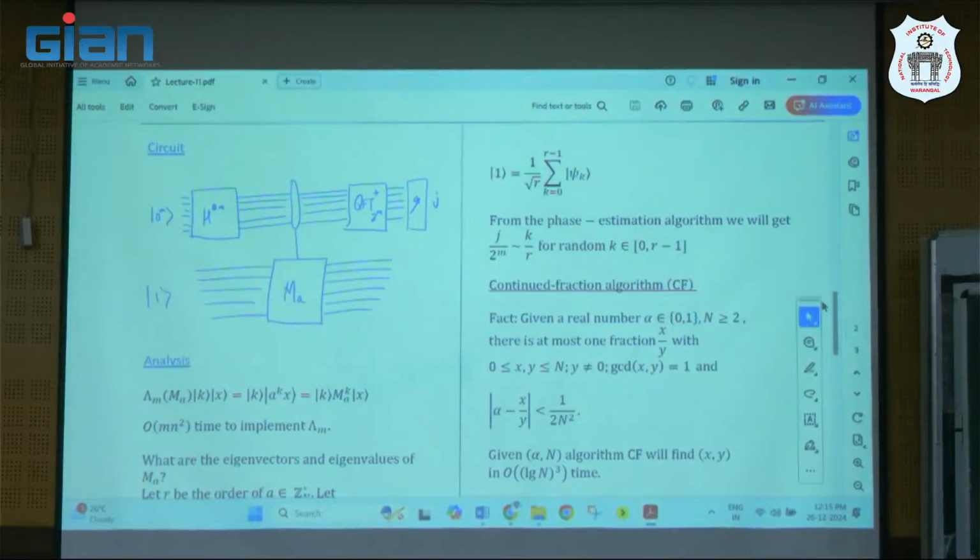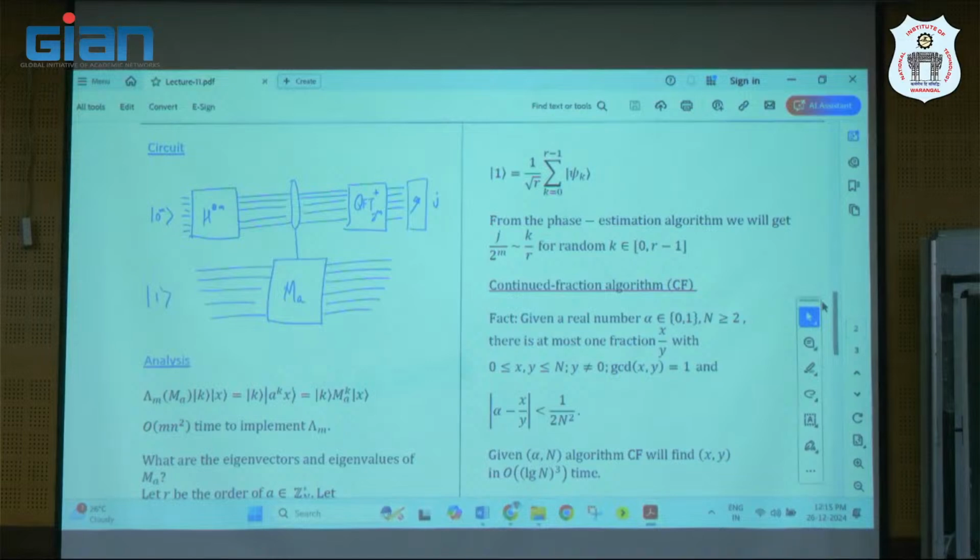So we find that. What was our alpha? Alpha was j over 2 to the m, because we are going to input j over 2 to the m, which approximates k over r, which we do not know, to the continued fraction algorithm. It will return to us this x over y, which is the approximation to j over 2 to the m.